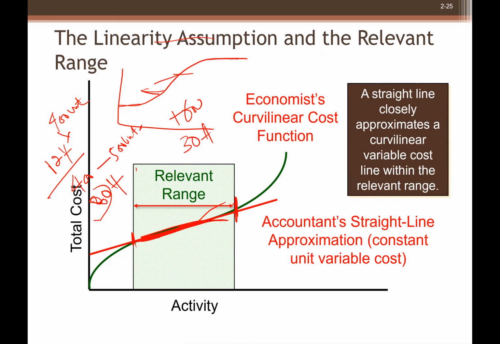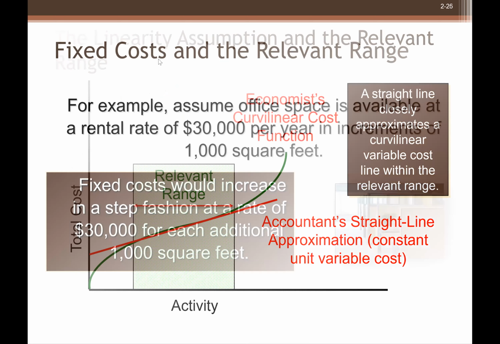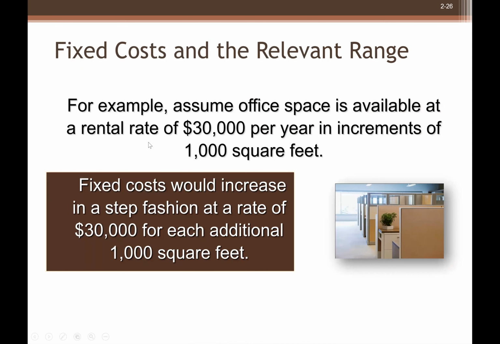I'm just going to tell you that there are some ranges in which the variable cost behaves like a fixed cost within a relevant range. So let's talk about this: finding the fixed cost and the relevant range. You see that we have an example here. Assume office space is available for rental at 30,000 per year in increments of 1,000 square feet.